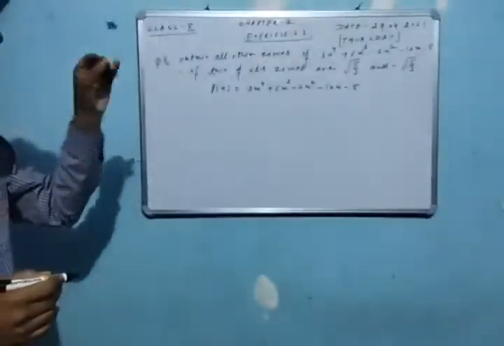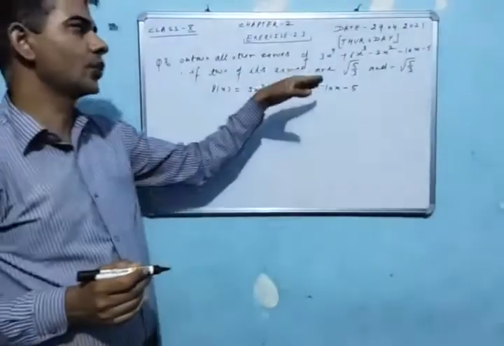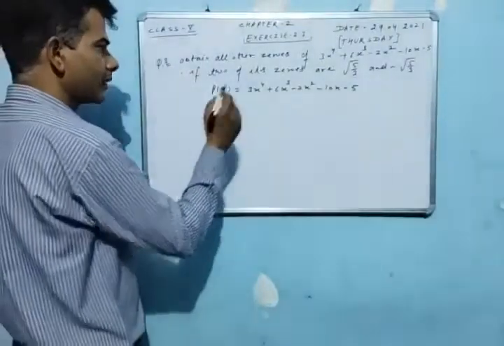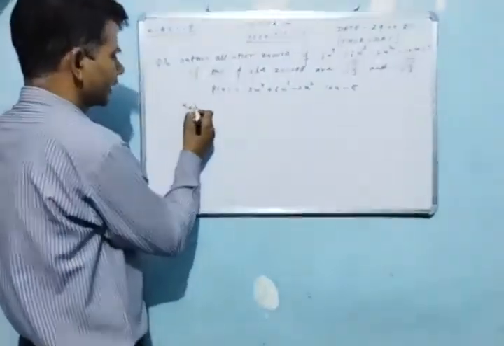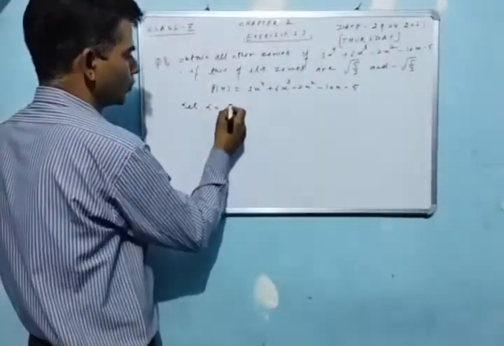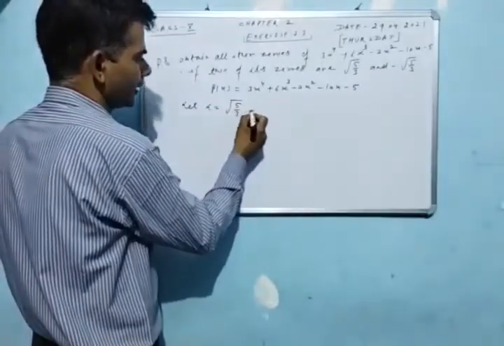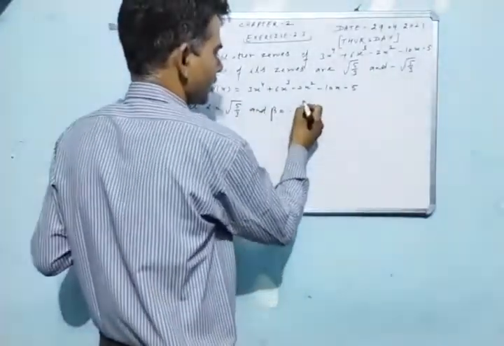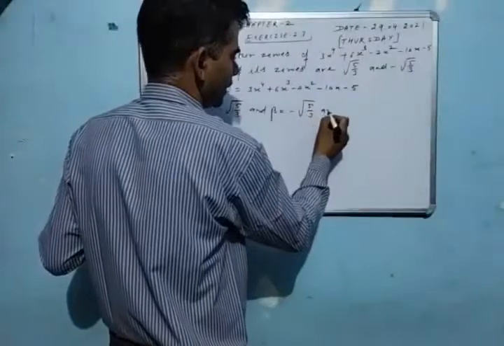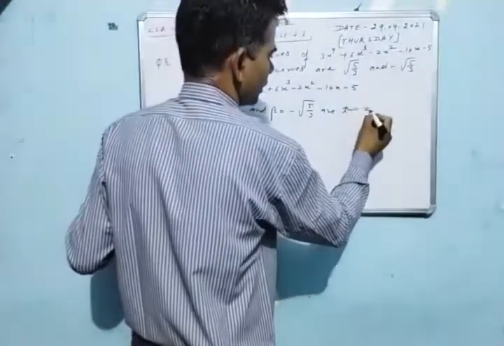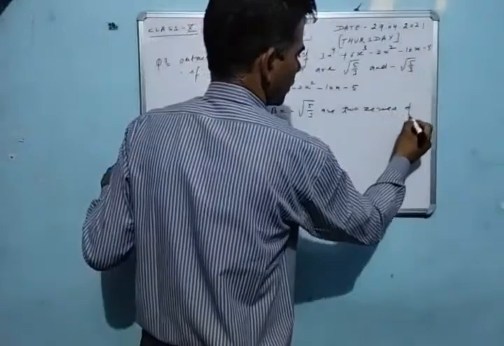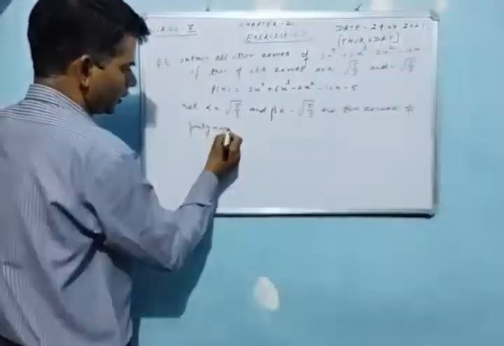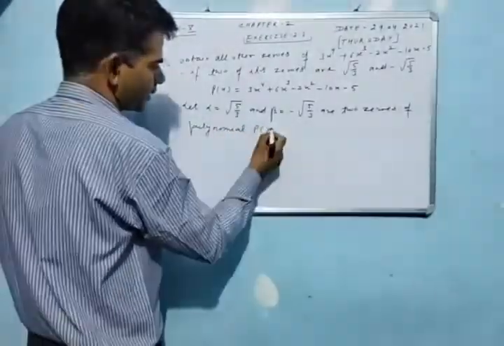Now 2 zeros are given, that is root 5 by 3 and minus root 5 by 3. Let alpha is equal to root 5 by 3 and beta is equal to minus root 5 by 3 are 2 zeros of polynomial p of x.